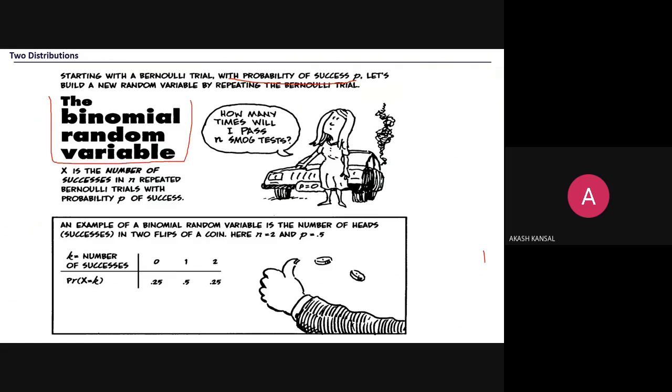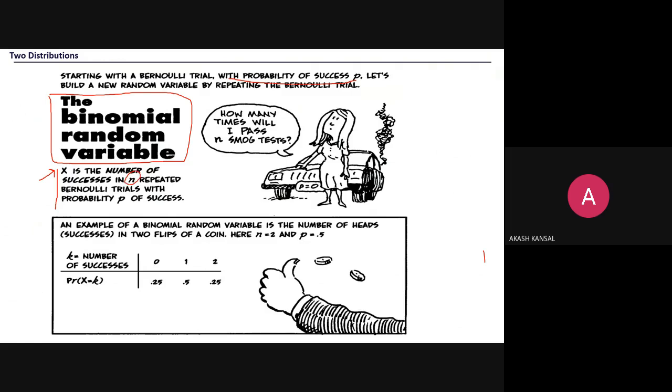So this term you will encounter many times when you study the basics of statistics, moreover the distributions, the binomial random variable. Once we repeat the Bernoulli trial, we get a binomial random variable. Now, let's define it as the number of successes in n repeated Bernoulli trials. Our random variable x, we are defining it as the number of successes in n repeated Bernoulli trials.